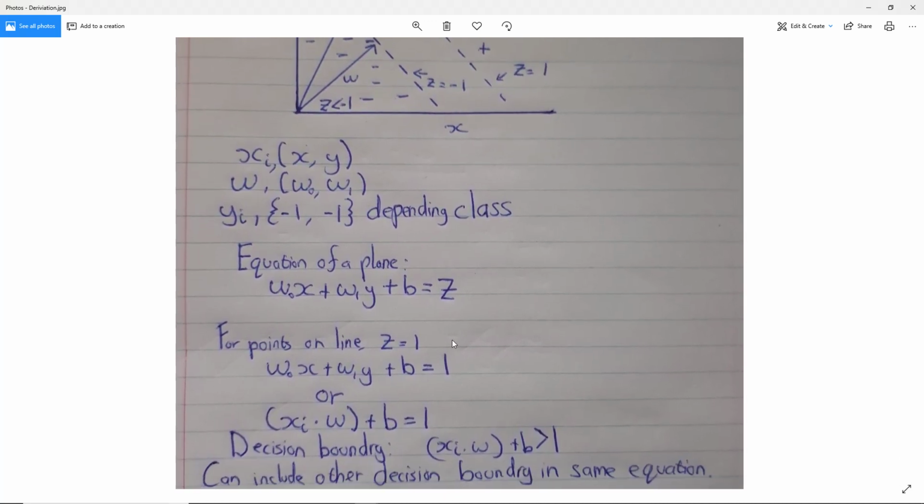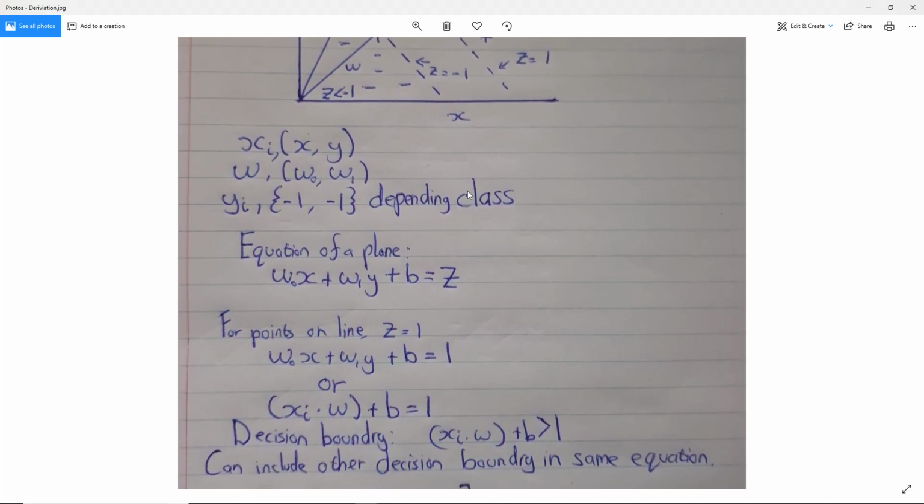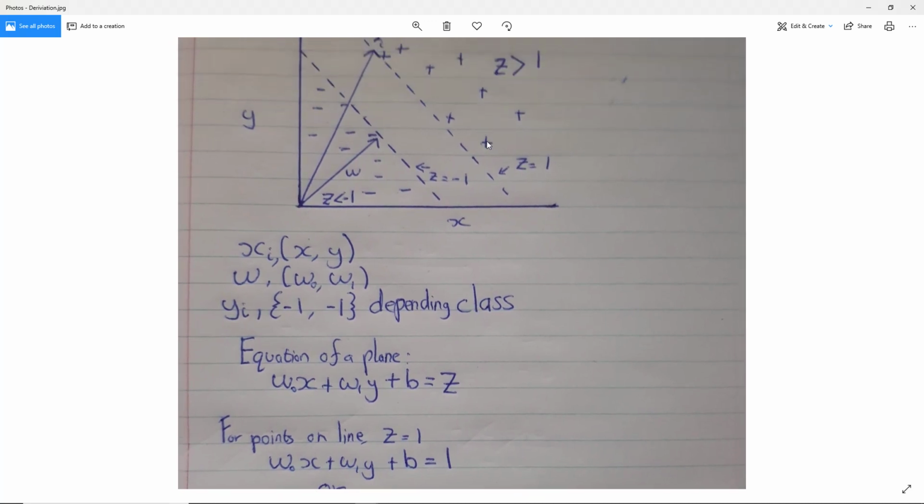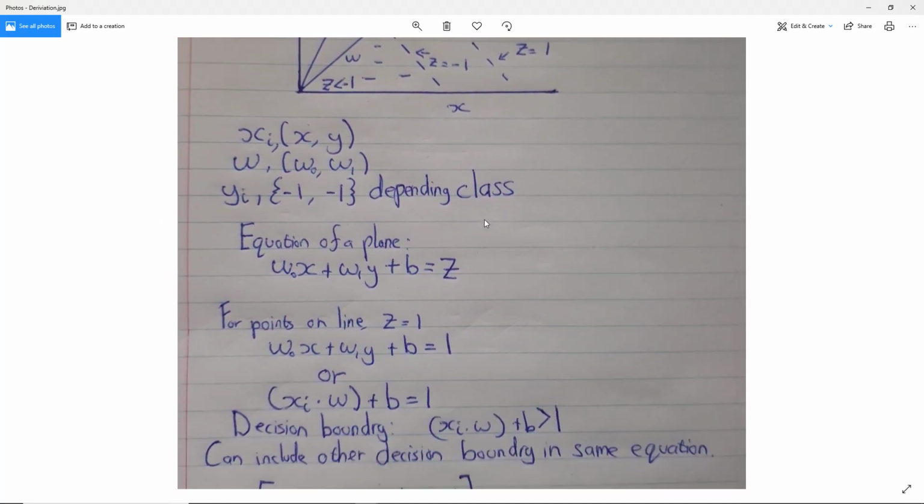So our decision boundary, let's just think of the positive points first. Our decision boundary is going to be based on xi.w plus b must be greater than 1. You could do equals to, you're going to get to the same place. It's not really important, but if you wanted to, you could put an equals there too. So this is our decision boundary.